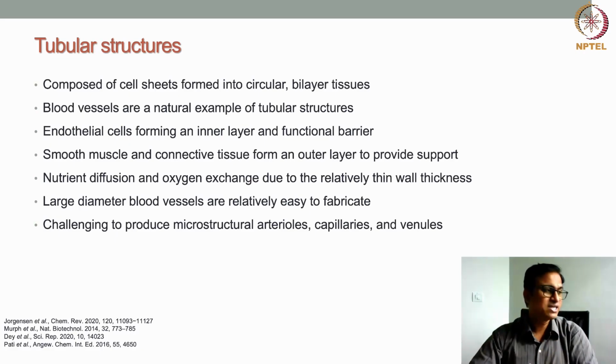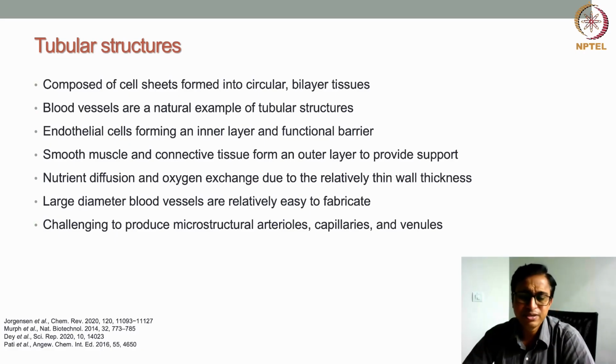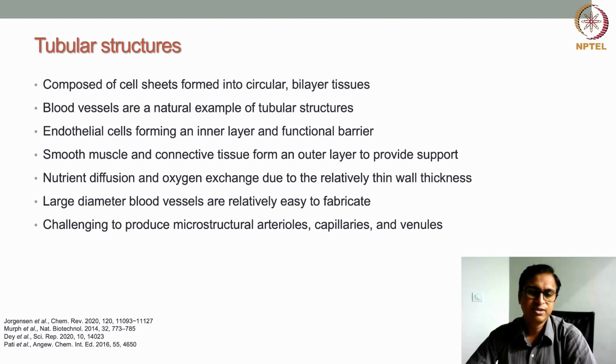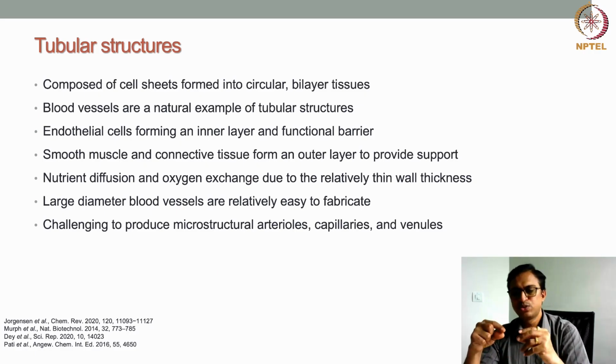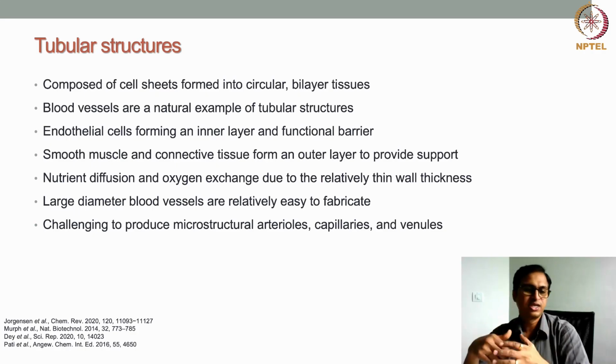That is it. But printing smaller dimension vascular structures or blood vessels like arterioles, capillaries, venules is different. As the dimensions go lower and lower, those things are really challenging to produce.